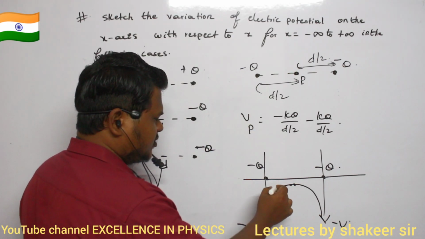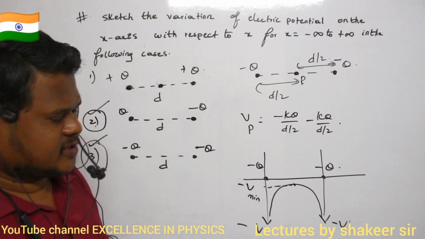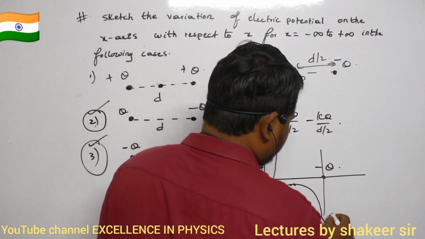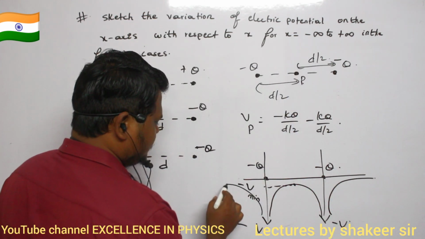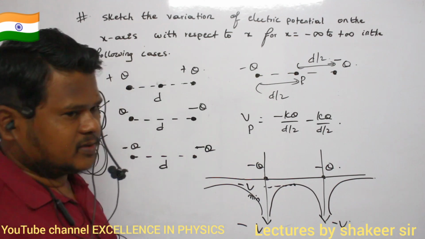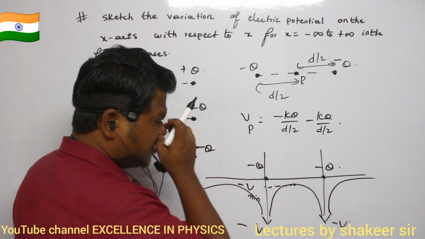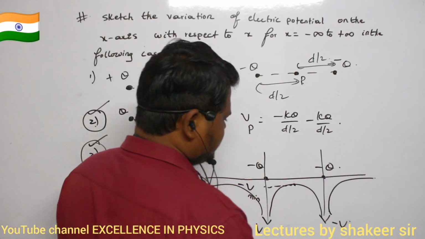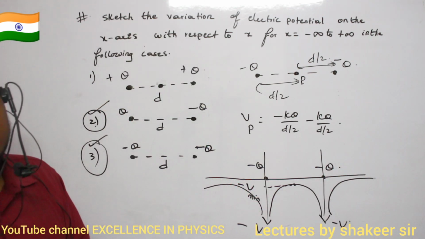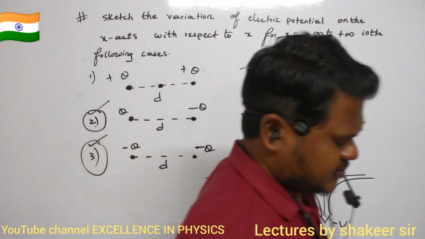So this is the minimum amount of potential, I can call it V minimum. On this side the graph will be like this, and on this side also. At the charge, potential will be infinite, and as you move away from the charge, potential continuously decreases. Finally, it becomes zero. Okay, make a note of this.